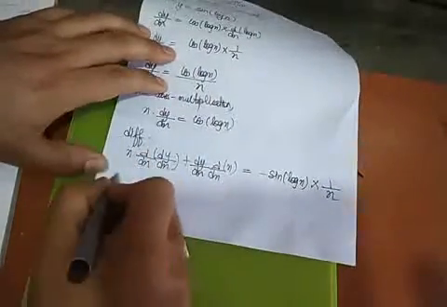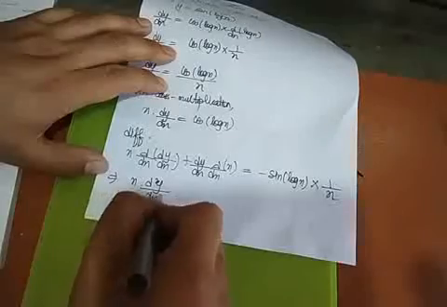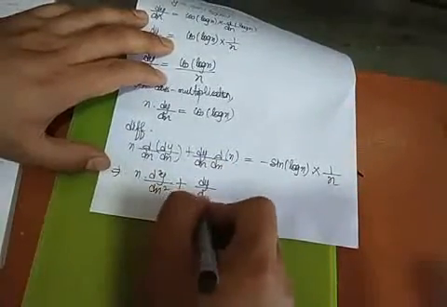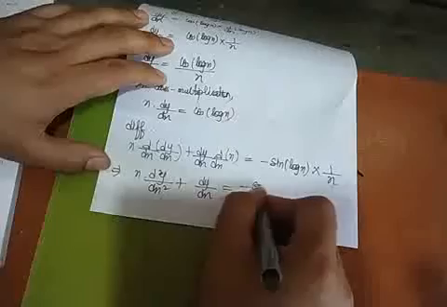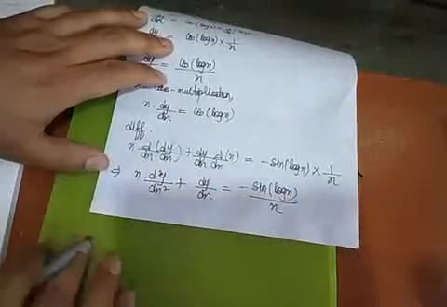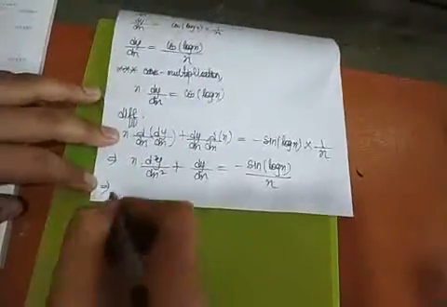So we know this, and here we get x d2y by dx square plus 1 only dy by dx, which is equals to minus sine log x divided by x, and then finally I'll cross multiply with x again.